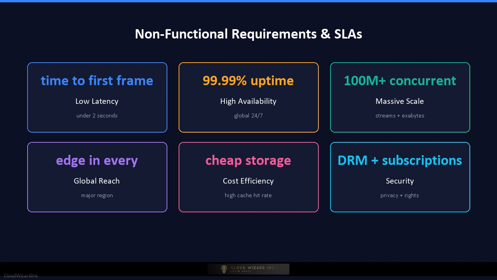Global distribution matters, so every major region must be served from nearby edge caches to avoid cross-continent latency. Cost efficiency is critical because bandwidth and storage bills are massive at this scale. Security and privacy are essential because the platform handles paid subscriptions, viewing history, and licensed content protected by DRM. Finally, the system must gracefully degrade, for example by dropping bitrate during congestion rather than stopping playback.